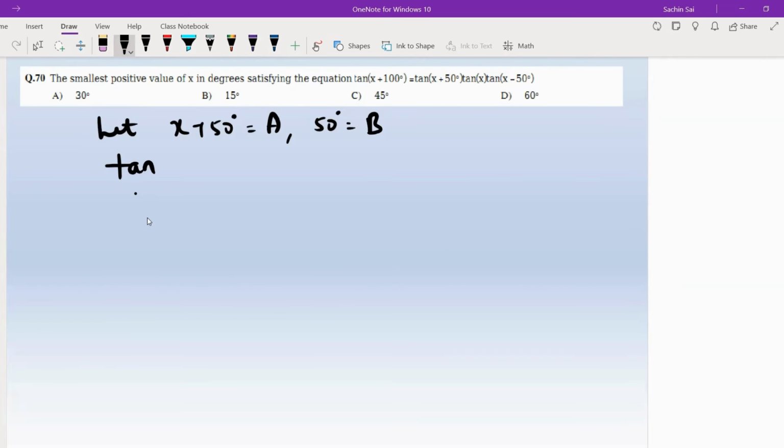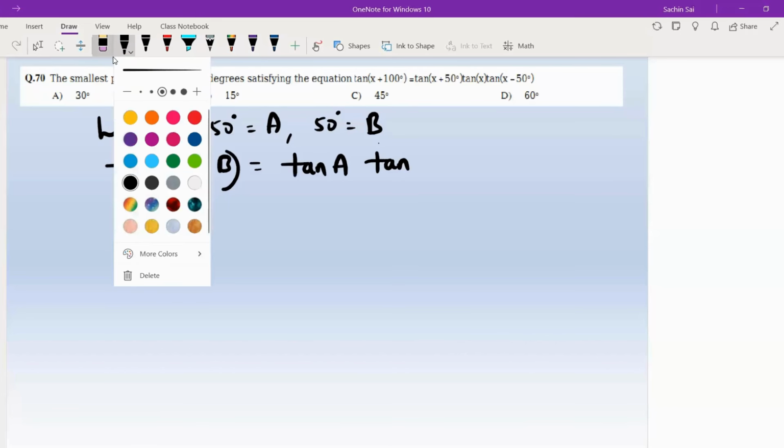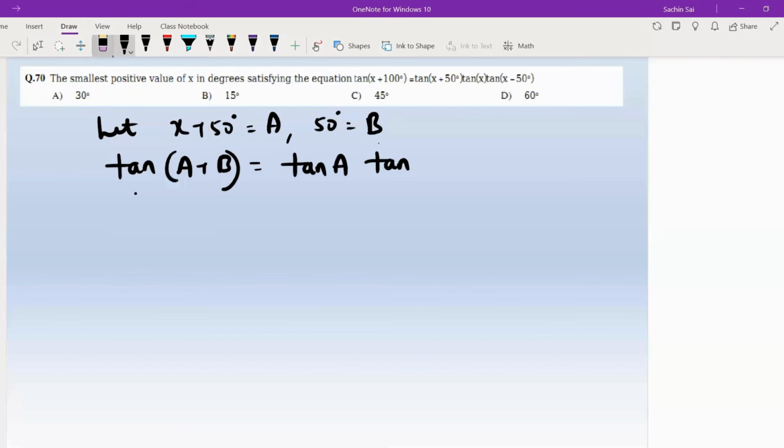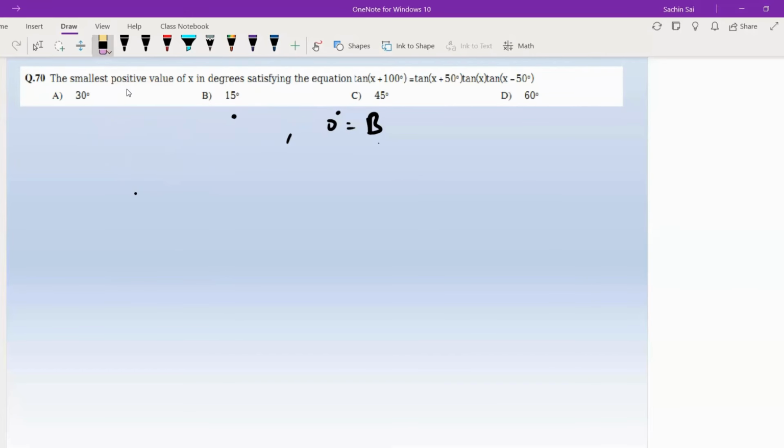So then this equation will become tan of A plus B equals tan of A into, no, that is also not useful. What else can be done here?